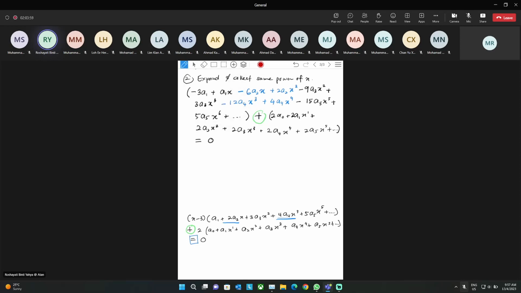So equal to, I'm using pink color. Madam, yes.